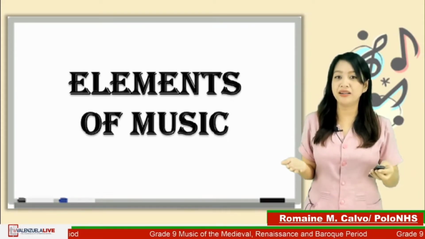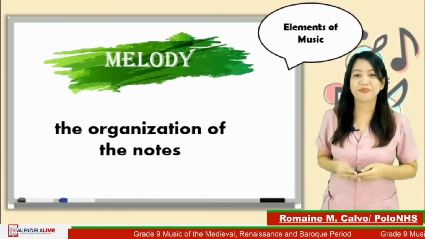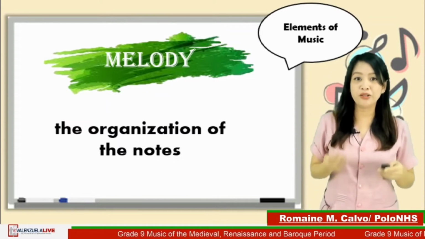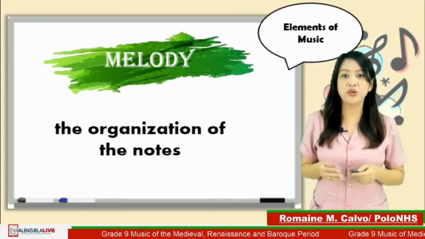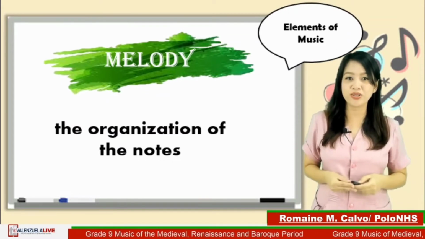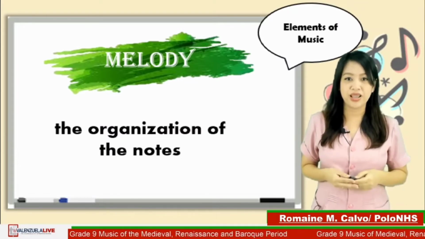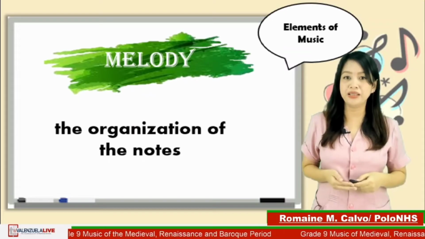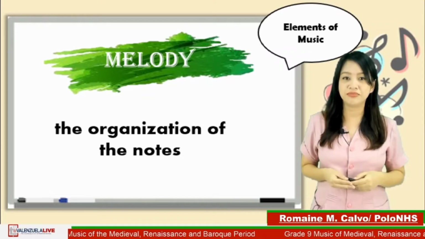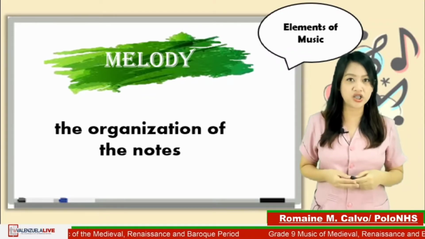First, we have melody. By looking at the musical piece, you can determine how the notes are organized, if the notes are simple, based on a scale, or if it has a large leap.